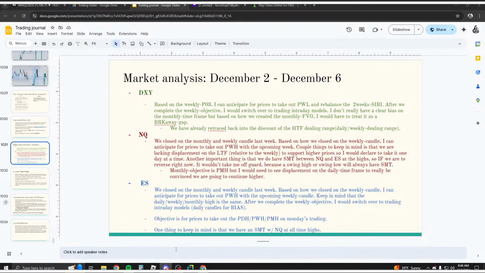I like this one. This is the quote for today. 12/3/2024.